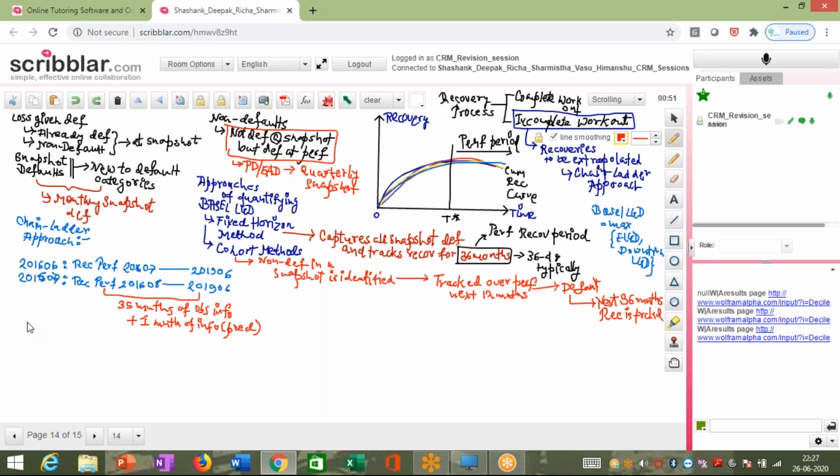So at each stage, I need to keep extrapolating one additional month of information. Right. So up to this point, is it clear to everyone?